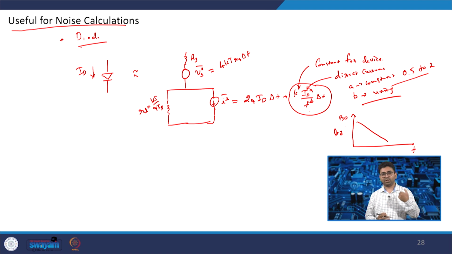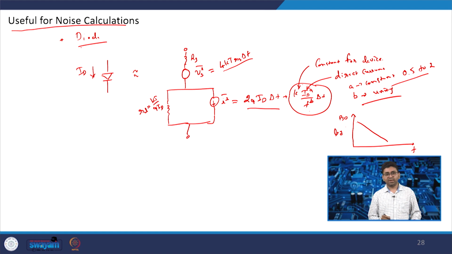When you implement time division duplexing, you switch between transmitter and receiver. At that time, if you are using a diode, because a high speed diode is easy to implement, then you will get all this noise. And what is the dominant noise in this? The dominant noise is shot noise, and due to the series resistance there is thermal noise.